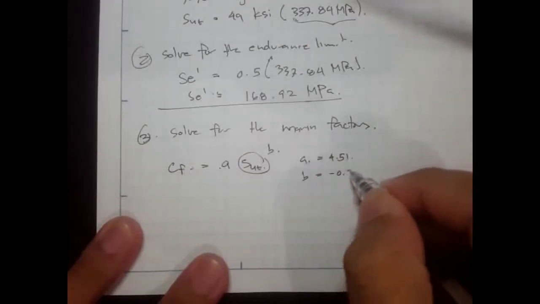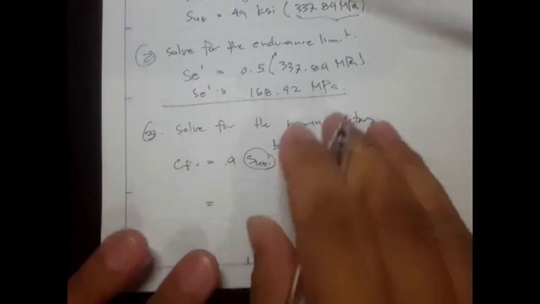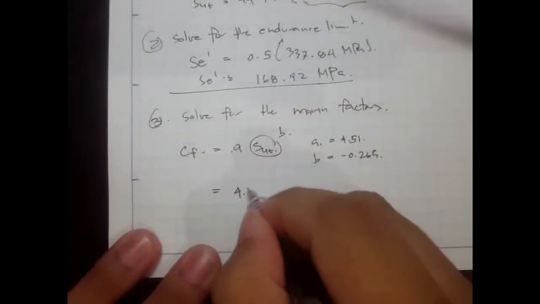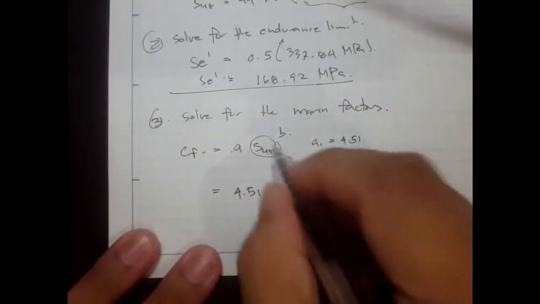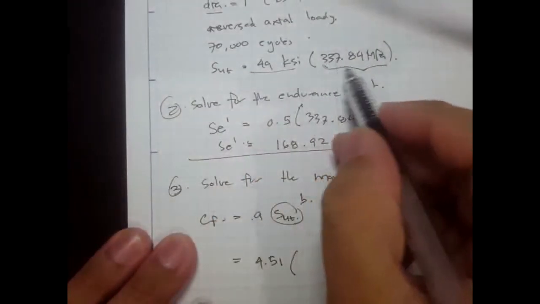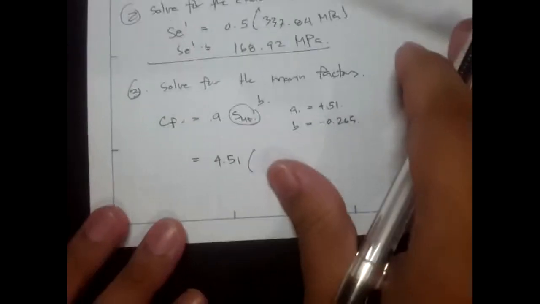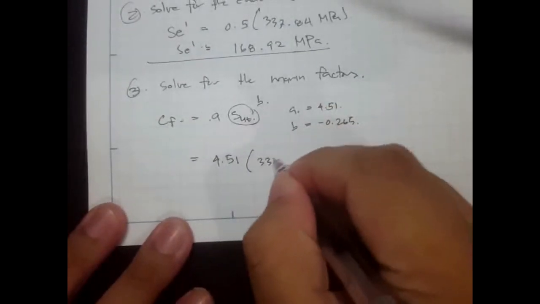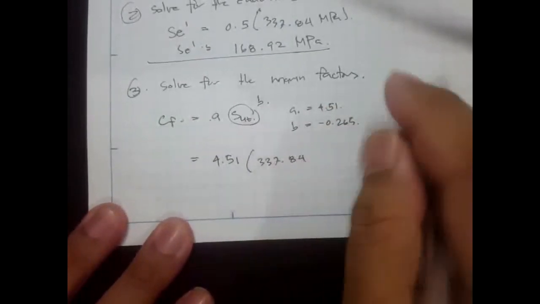B was negative 0.265. So if we substitute the value, this is 4.51 times SUT, right? We'll use megapascals, 337.84.